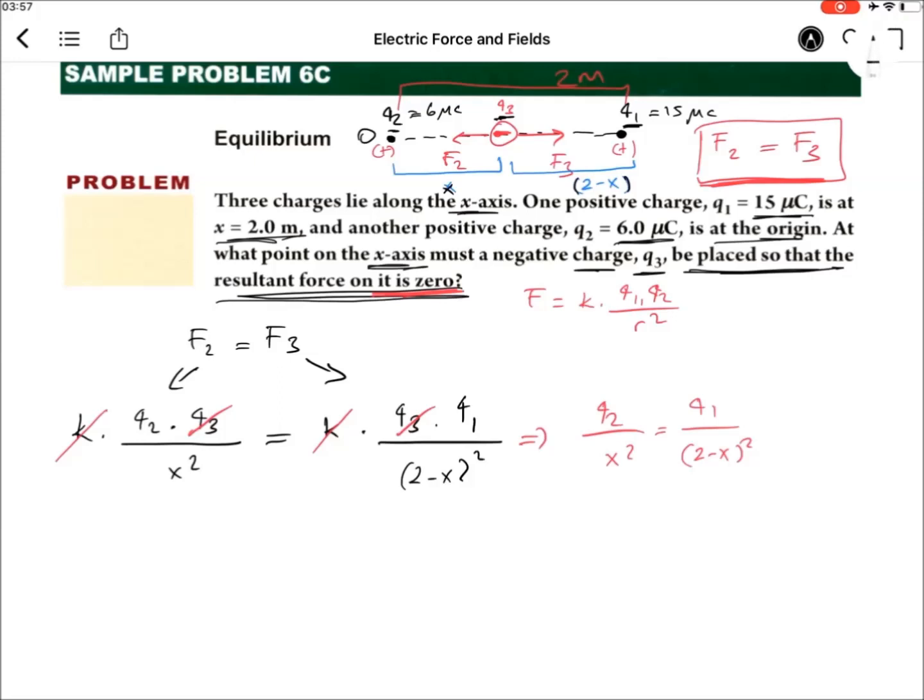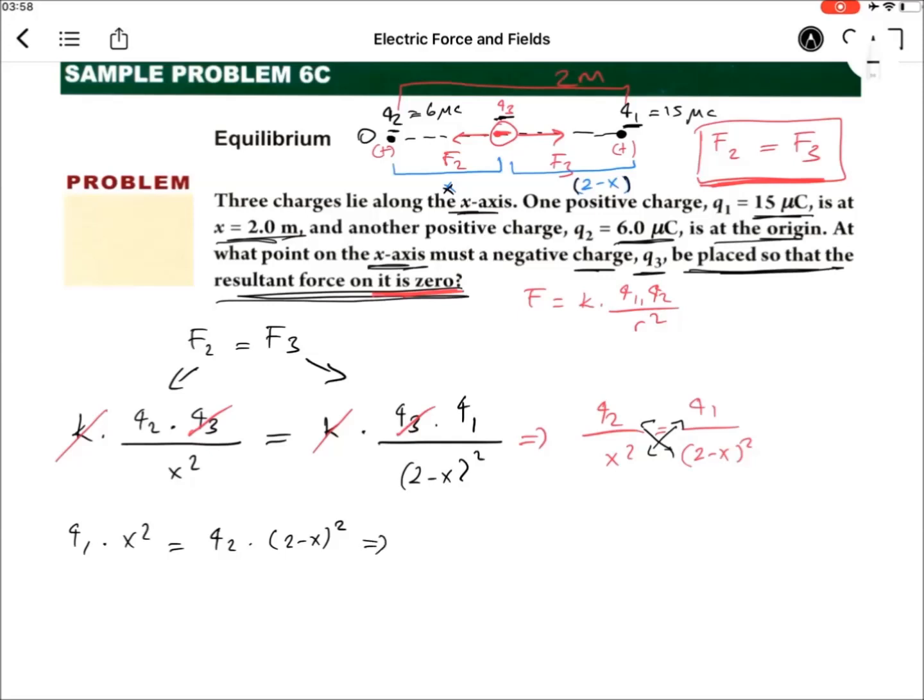When we do the cross multiplication, Q1 times x squared equals Q2 times (2 minus x) squared.